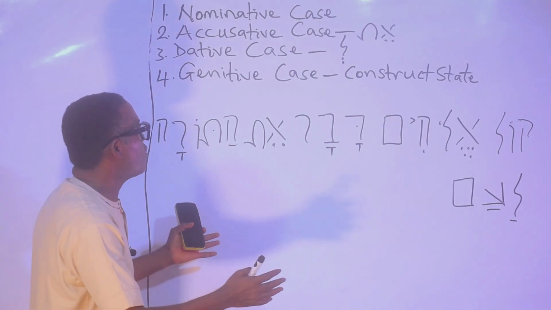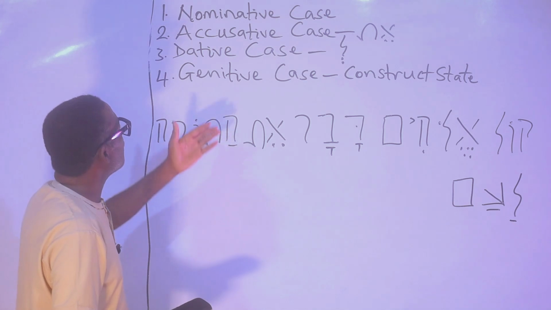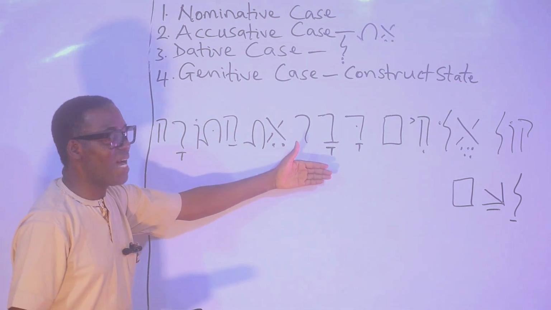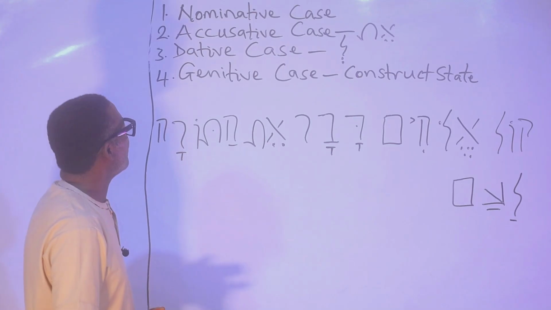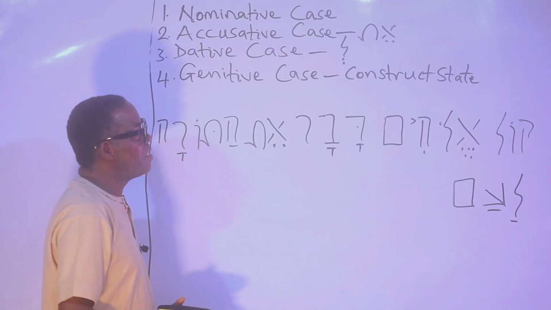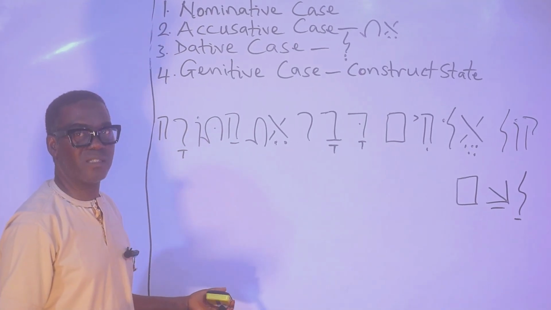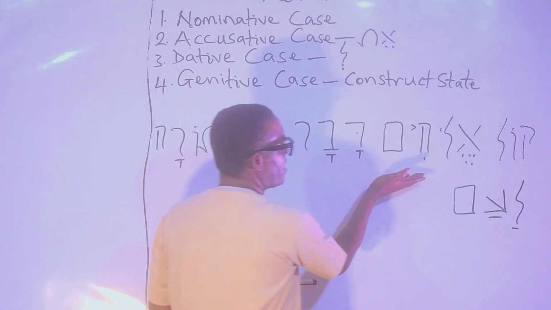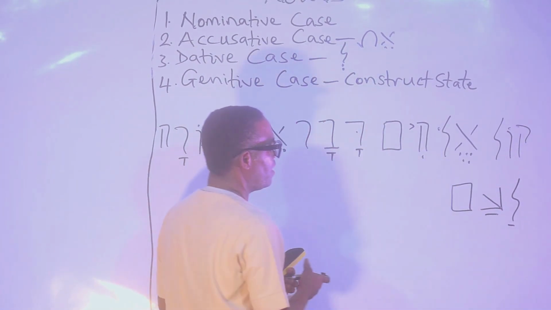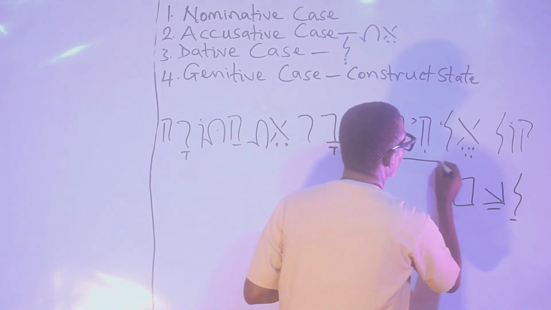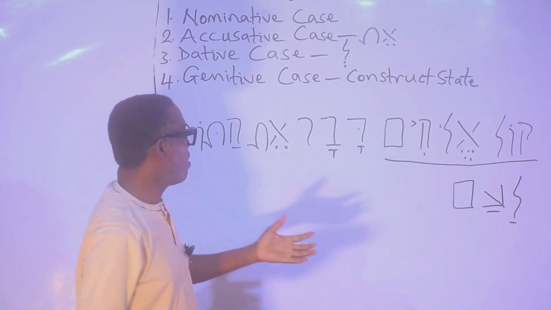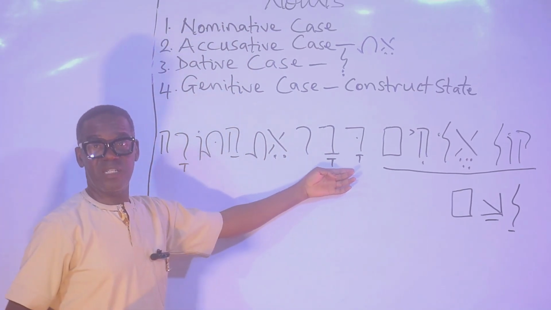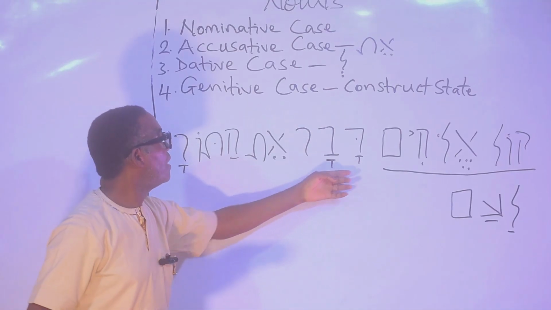I'm going to show you how the nouns function in this sentence. Number one, nominative is always the subject. The subject in this place does two works. It serves as the subject of the verb, davar.